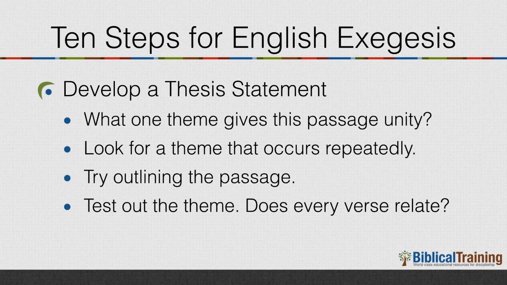And as we move through Psalm 23, we see that the first two-thirds of the psalm, every single sentence relates to shepherd imagery. But suddenly it changes to imagery related to a banquet scene. And so by testing the theme, you would recognize what this thesis statement is.